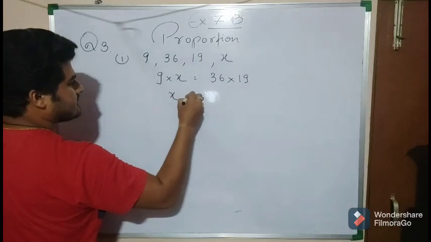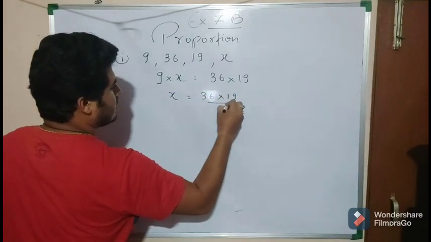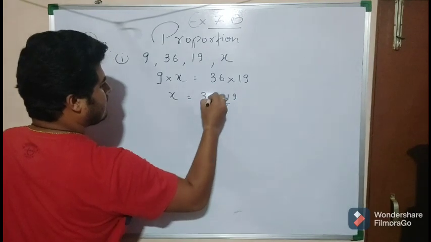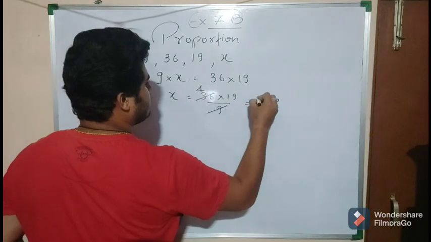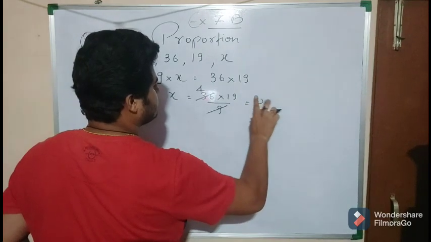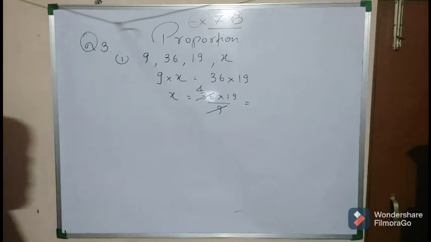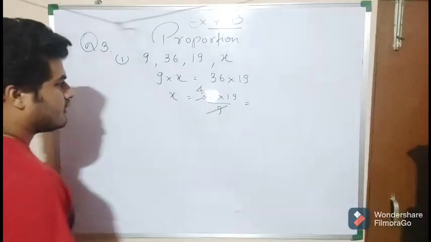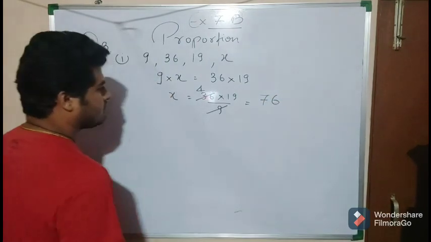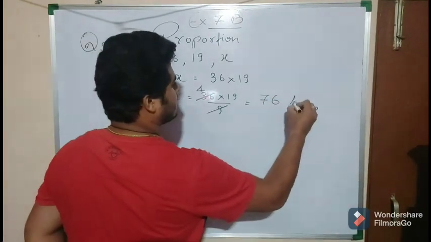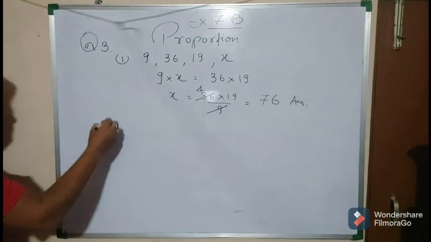So x equals 36 into 19 upon 9. 9 fours are 36, and 19 fours are 76. So 76 should be the fourth proportional.